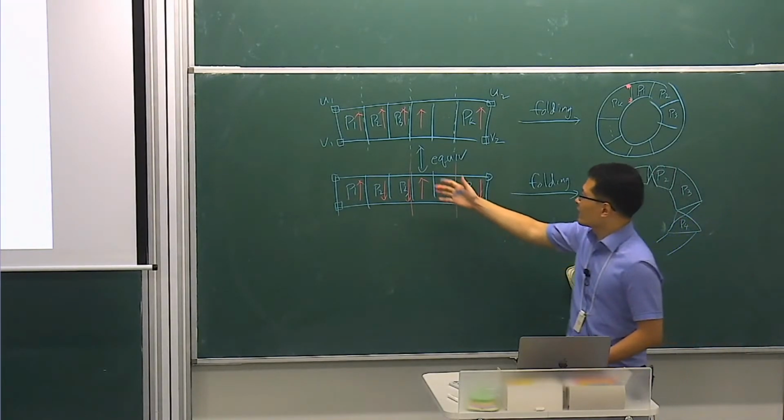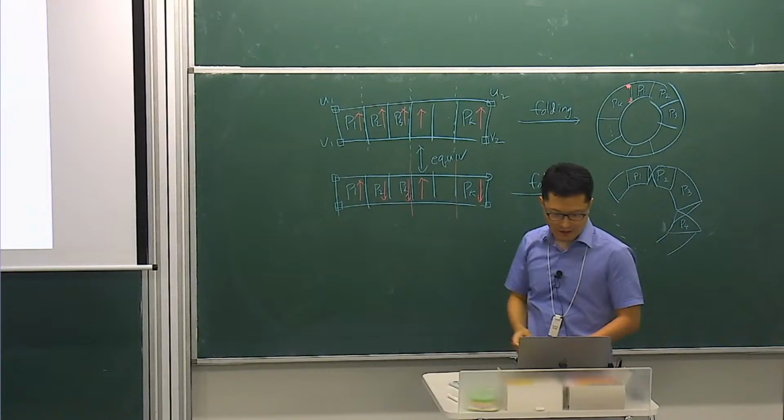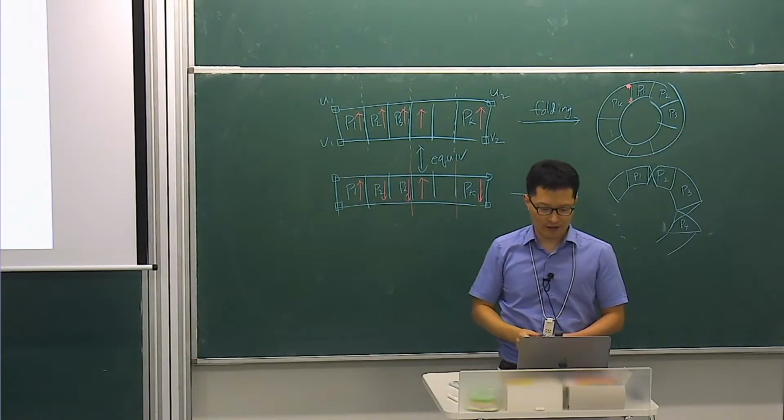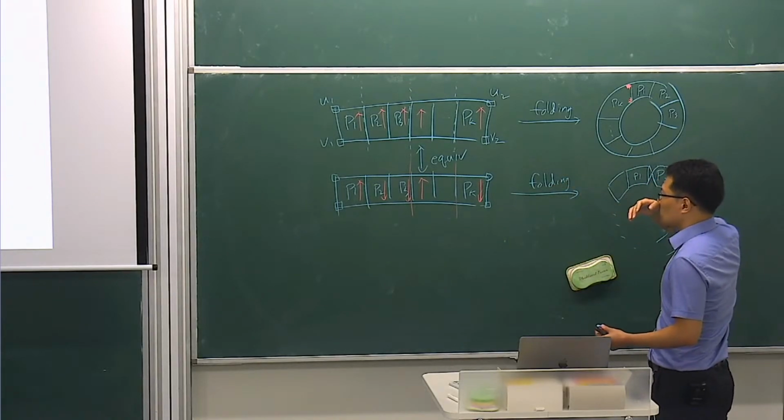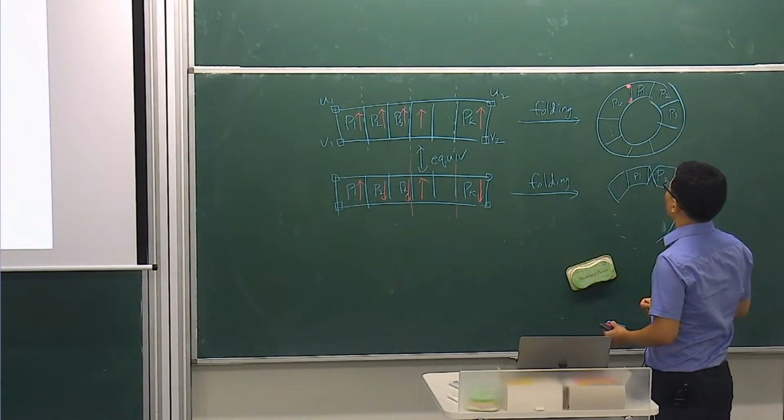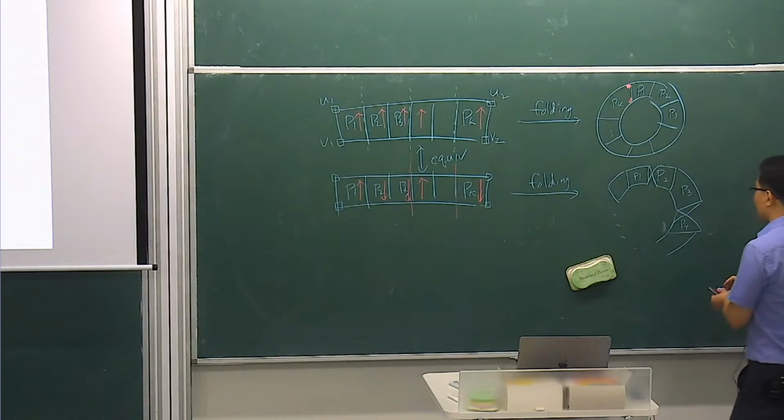Because we picked the two separations arbitrarily, we can generate exponentially many constructions, and these two are inequivalent.